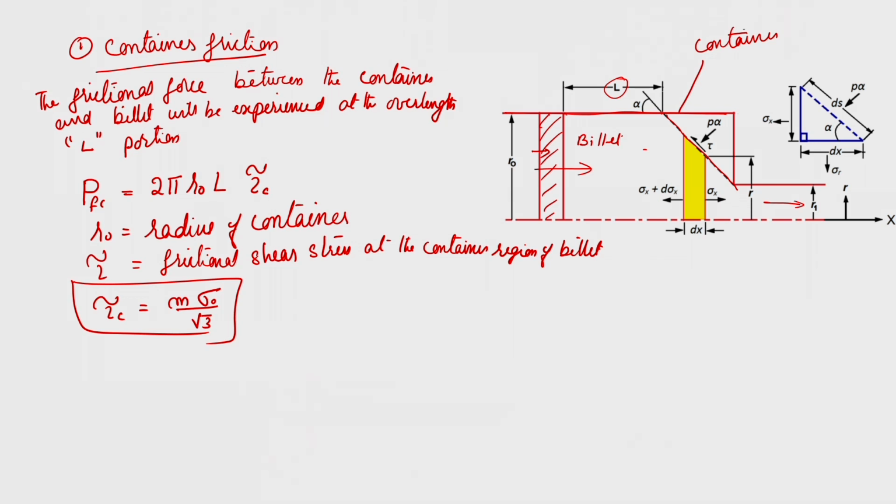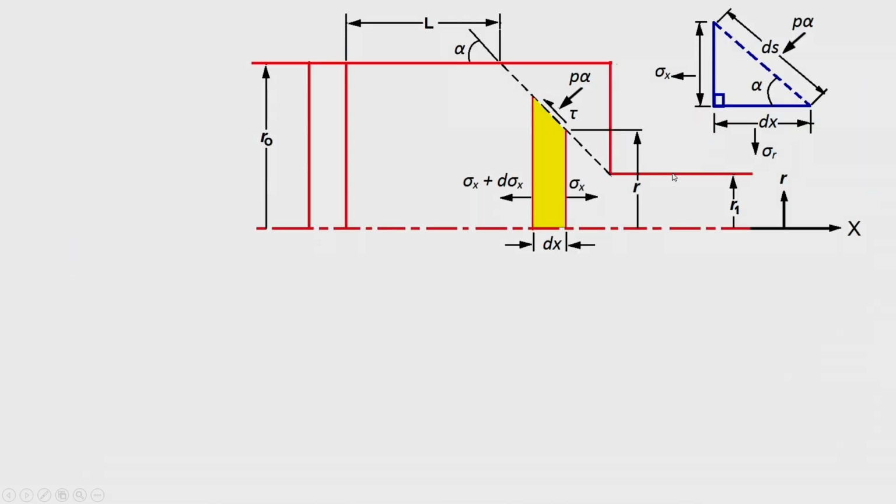This is how we take the container friction, PFC. As the extrusion advances, this total frictional force keeps on reducing because L keeps on reducing. This is the initial case. Now, let us come to force equilibrium in the deformation zone.